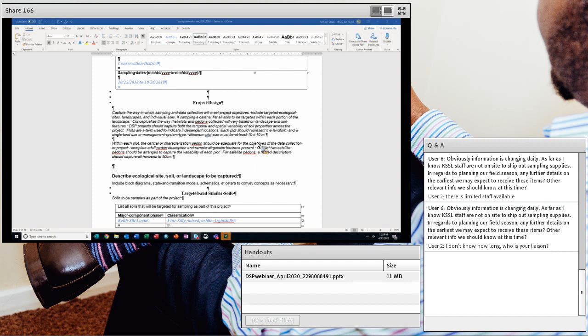I'll read this last one, Sean, that came in. An alternate way to do catenas, inspired by this marsh question, would be to sample all the land uses for a given soil. We'd like to go back and get 3 other land uses for our Georgia project, and that would cover all the ways the soil is used besides developed. And yes, that is an alternate way to approach this.